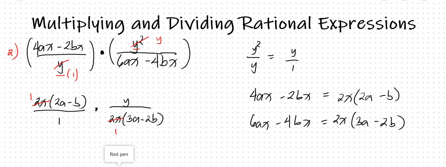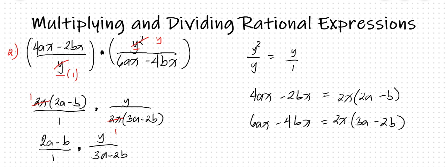And then for the final answer, 1 times 2a minus b, the result is 2a minus b, all over 1 times y all over, yung matitira na lang dito, 3a minus 2b.